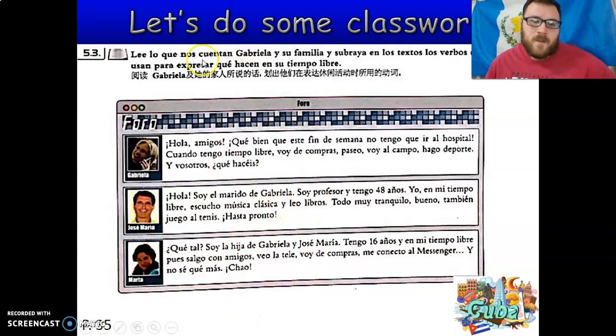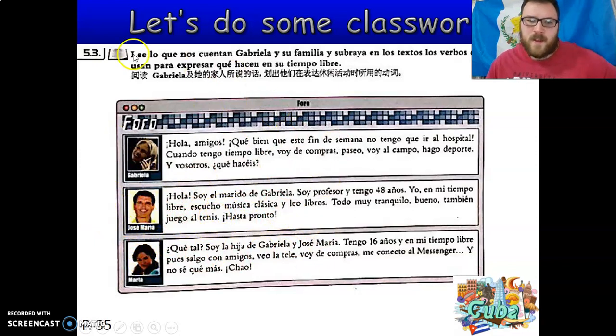So read what Gabriela and her family told us in the below text. Pretty much what he wants you to do is read this about Gabriela and her family. They're all family, and it doesn't matter what they are to each other.